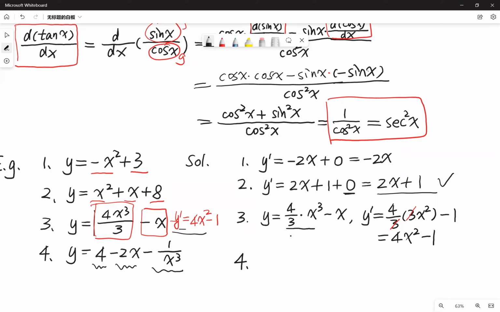This is f and this is g. But here we want to calculate this one easily. We can regard it as a function x minus 3, and use this to calculate the derivative.